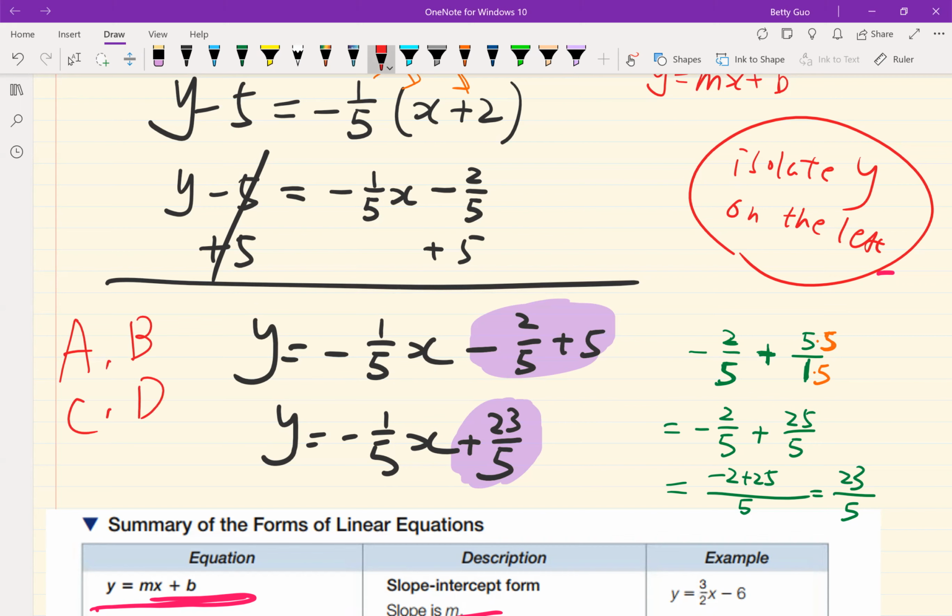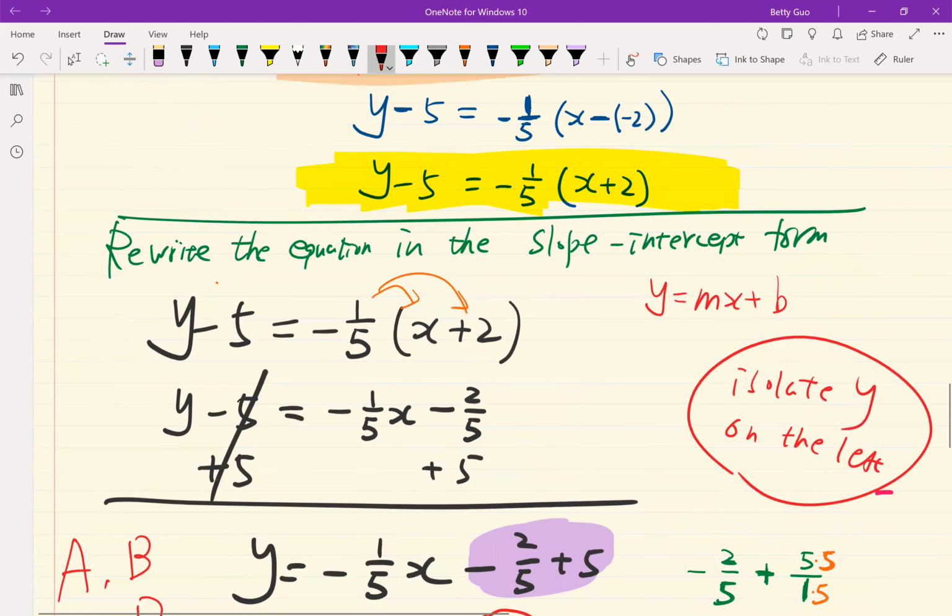So if you see answer choices have fractions, you're gonna convert that fraction to its equivalent decimal to see which fraction is the same as your decimal. Tell me what's the equivalent decimal for 23/5. 4.6, right? Yeah, that's your decimal. Okay, so those are the 3 examples we learned today.